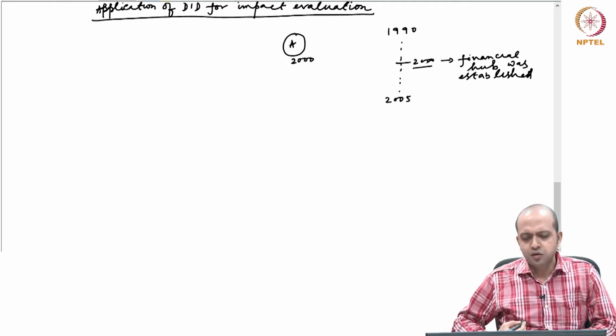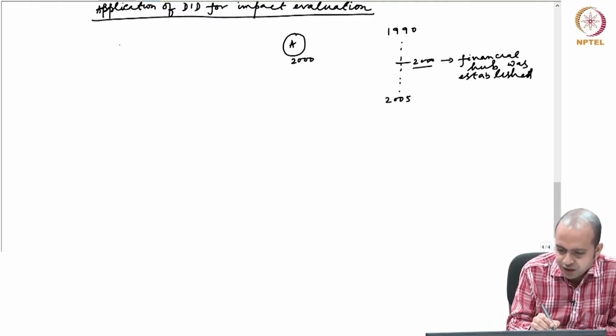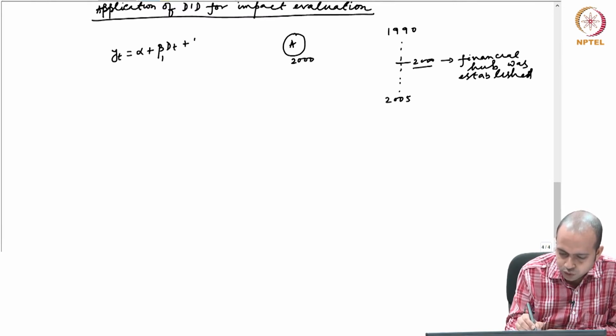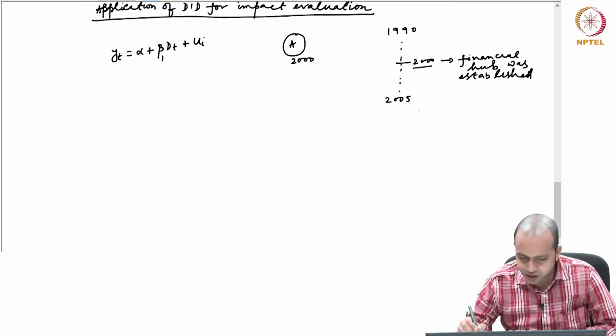Now, what type of model will you set? You will set this type of model. Let us say Yt, the real estate price, equals alpha plus beta 1 Dt plus ut. And how have I defined Dt?